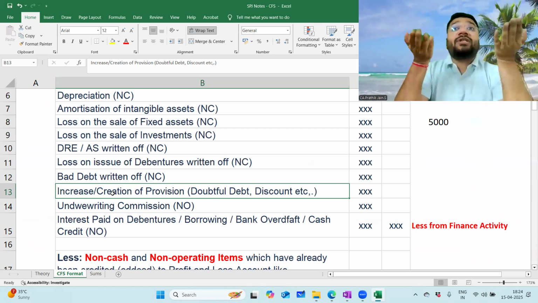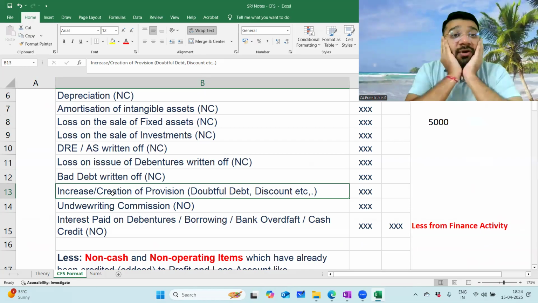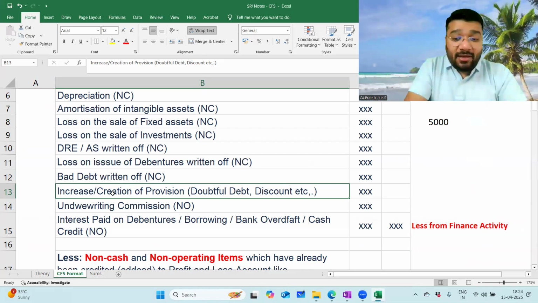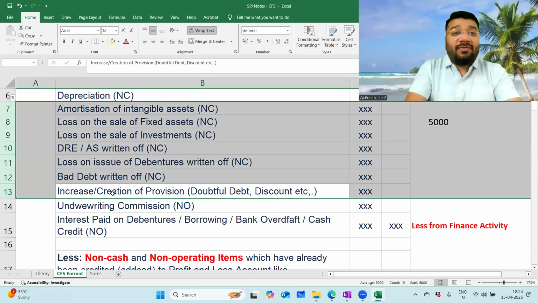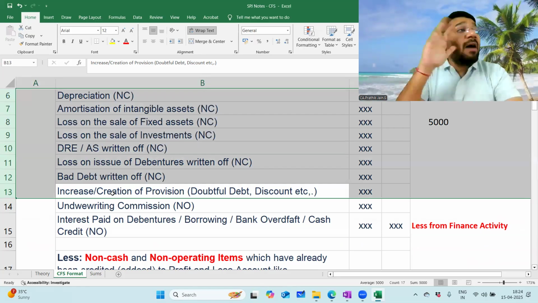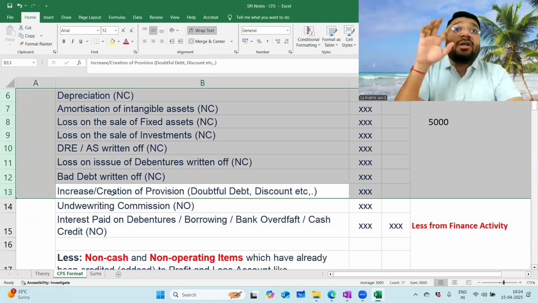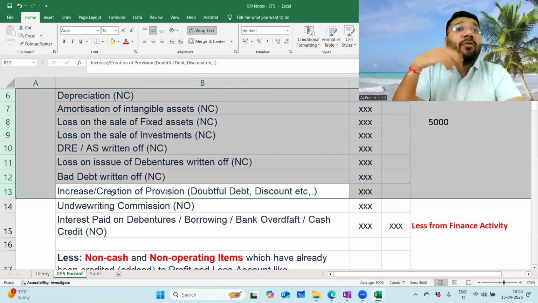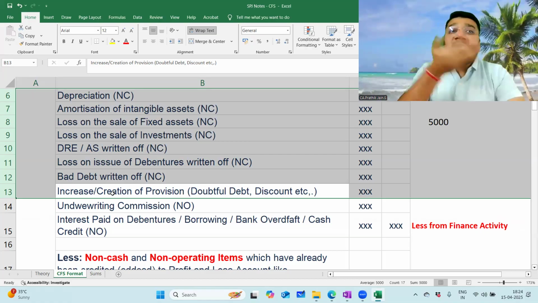All these are CA Foundation items. You guys are blinking now, even after clearing Foundation. Depreciation, where did we study? Foundation. Amortization, where did we study? Foundation. Loss on sale of fixed asset, loss on sale of investment, deferred revenue expenditure, loss on issue of debenture, bad debts, creation of provision. Which topic is this? CA Foundation topic.